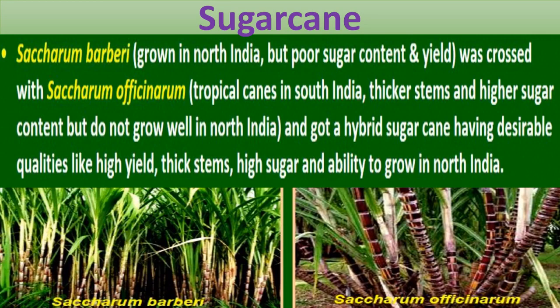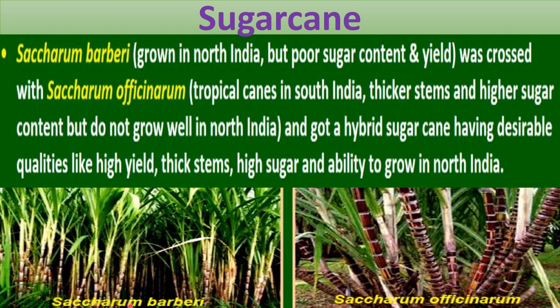Next is how hybrid sugarcane varieties were produced using plant breeding methods. So see here, this is Saccharum barberi. Saccharum barberi is the scientific name for one of the varieties of sugarcane, and another variety of sugarcane is Saccharum officinarum. Saccharum is the genus name here for sugarcane.